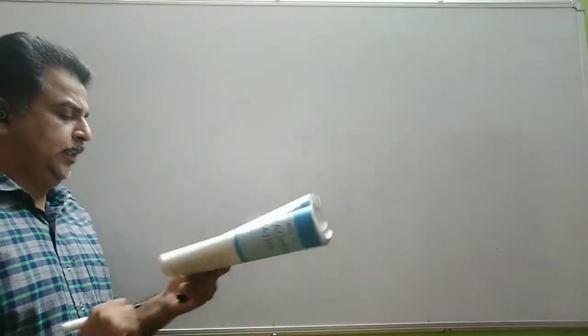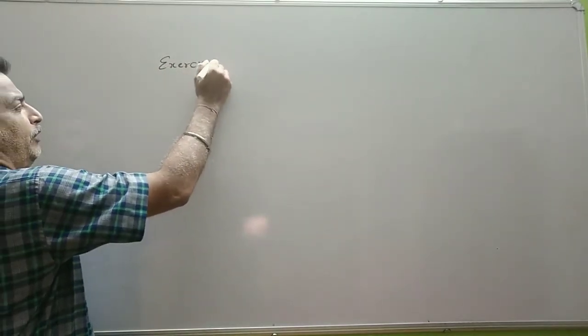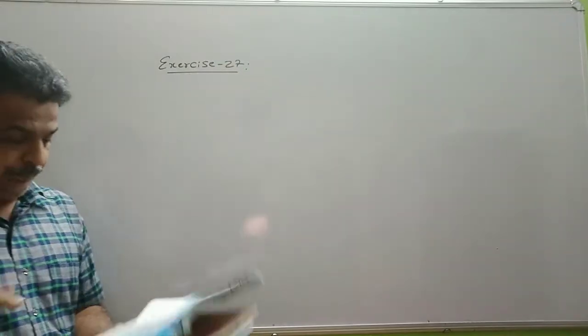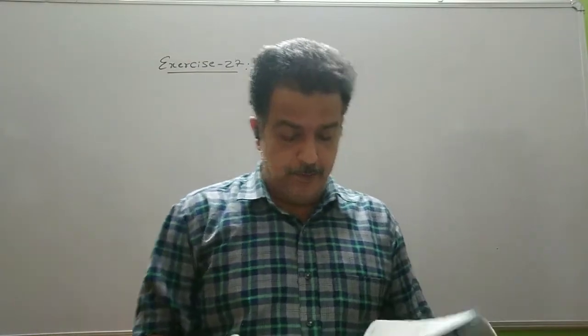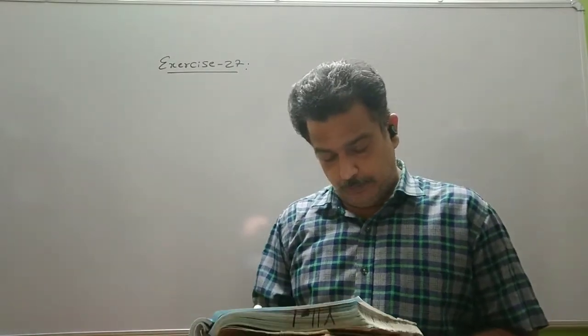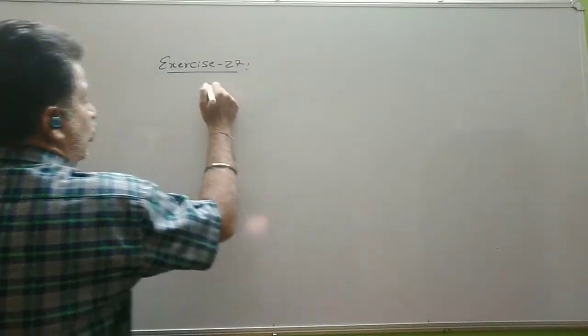Now let us see question number 27 of the exercise. That is, we have to convert a galvanometer into a voltmeter. A galvanometer coil has a resistance of 12 ohms.